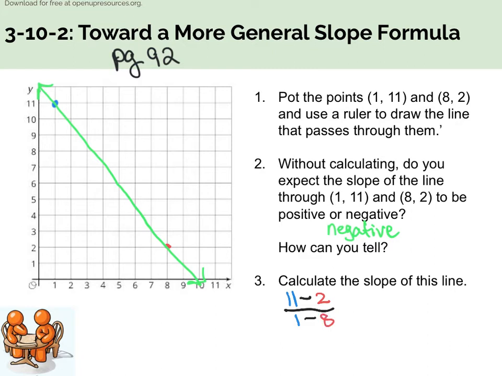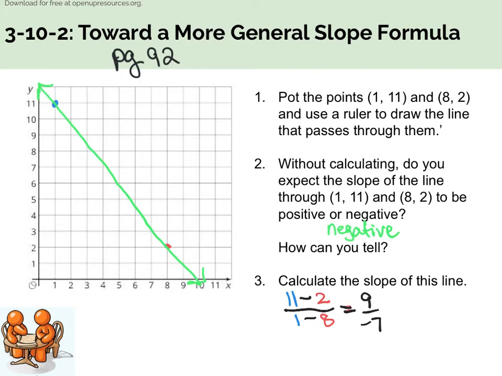So 11 minus 2 is 9. 1 subtract 8 is negative 7. So right now our slope is 9 divided by negative 7.